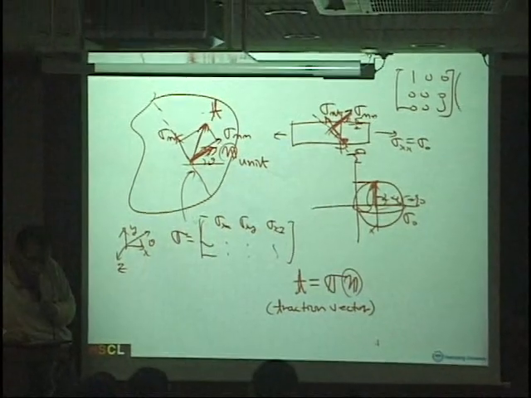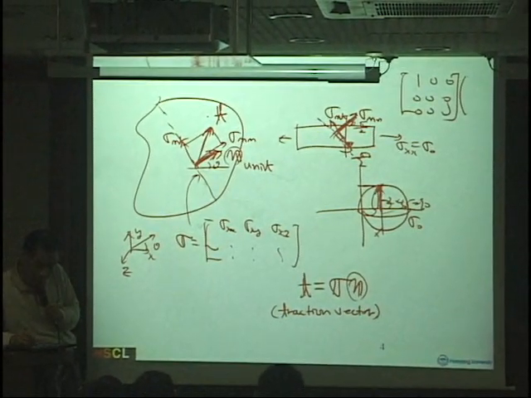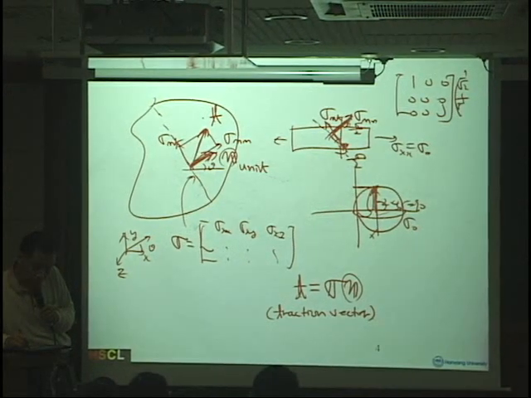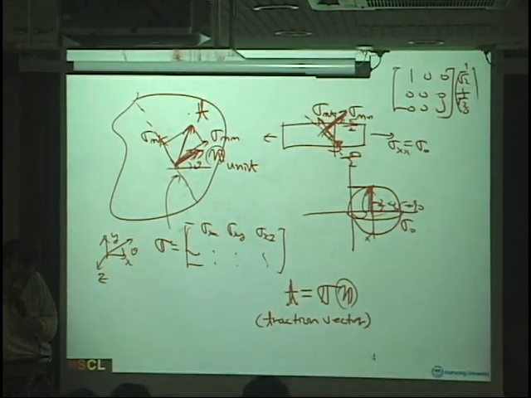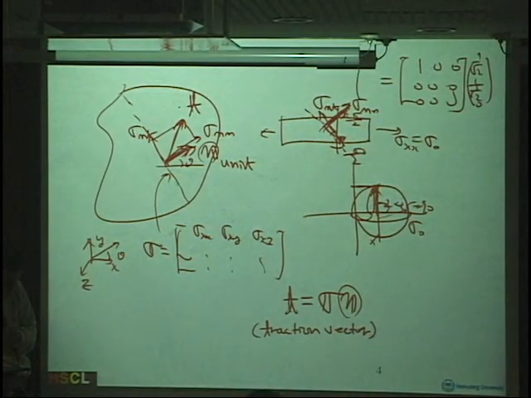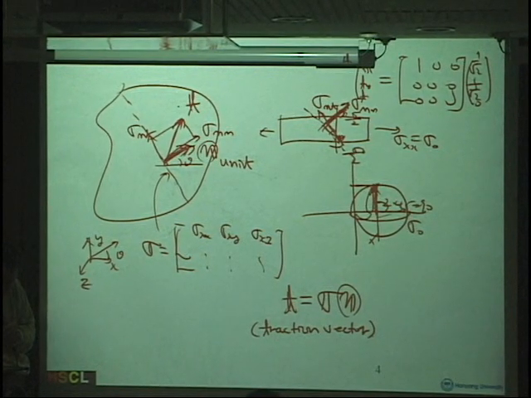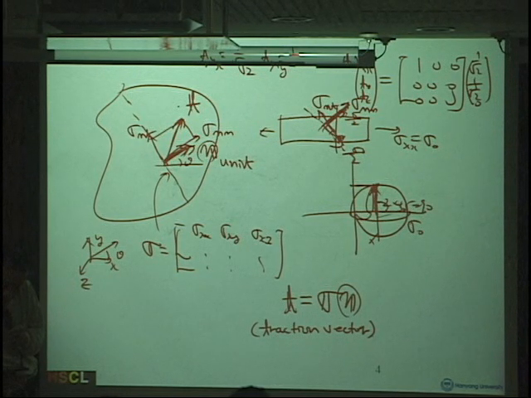So here, normal vector is, this is what? 1 over root 2, 1 over root 2, and 0. Right? That will be a traction vector, Tx, Ty, and Tz. And Tx will be what? One over root 2, right? And Ty will be, sorry, 0, right?